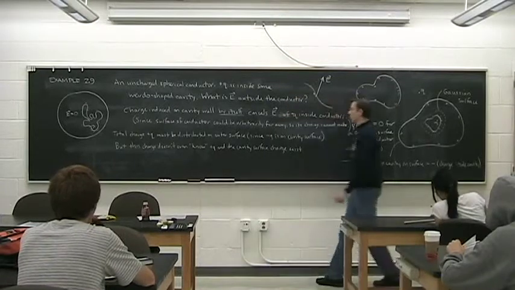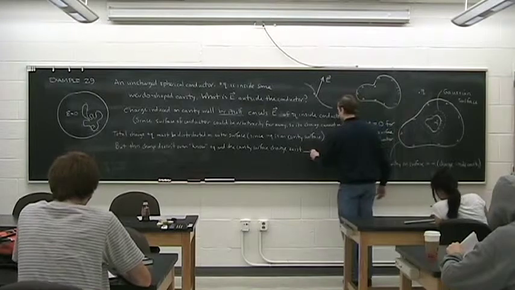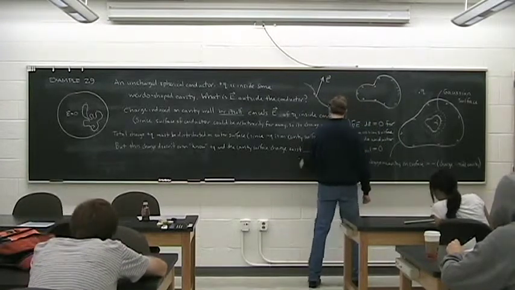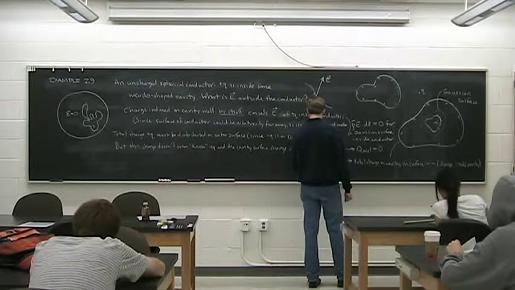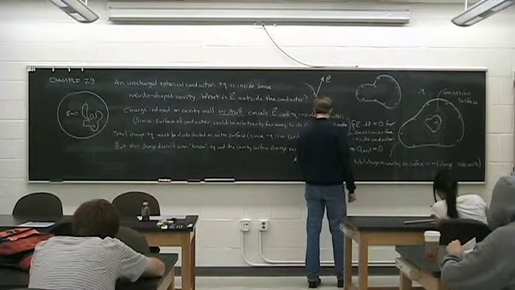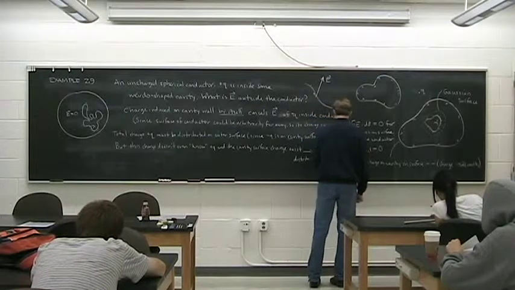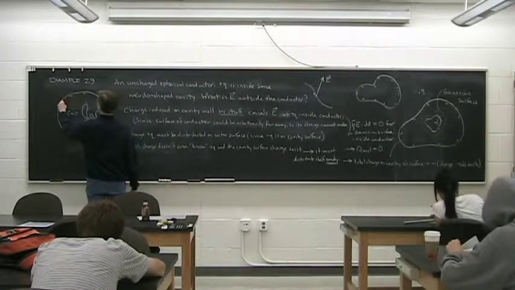It doesn't even know, quote unquote, that plus Q and the cavity surface charge exist, so it must distribute itself evenly. So it'll distribute itself uniformly over this surface.